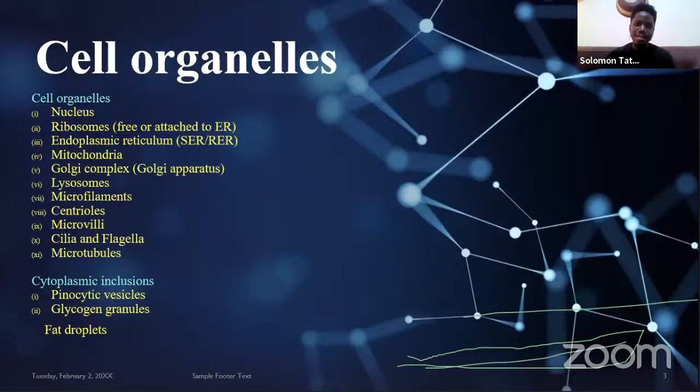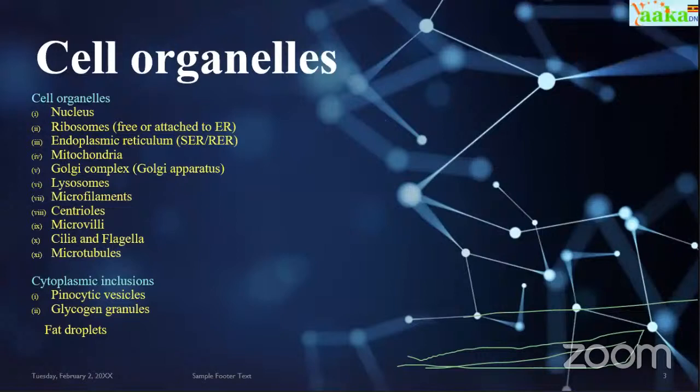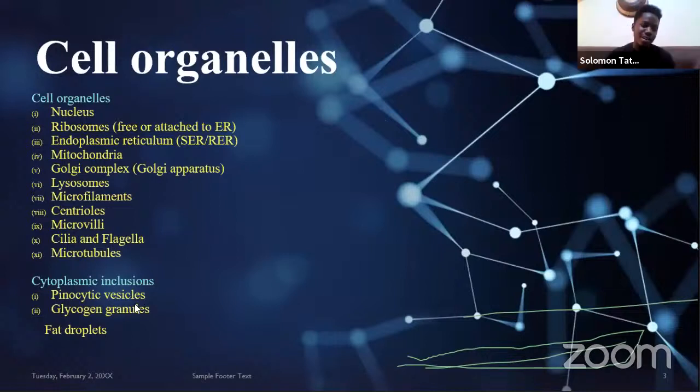Yes, Elisha? Cell drinking. Yes, cell drinking, okay? So those vesicles help in cell drinking. Glycogen granules, storage of glycogen, which is the storage form for glucose, and then fat droplets for fat storage, which is great. So those are the functions of the different parts of the cell.